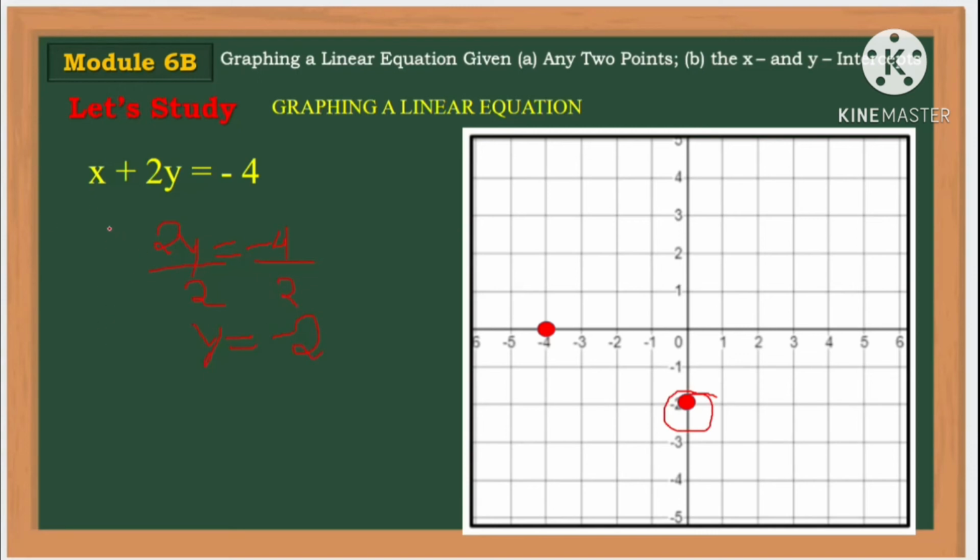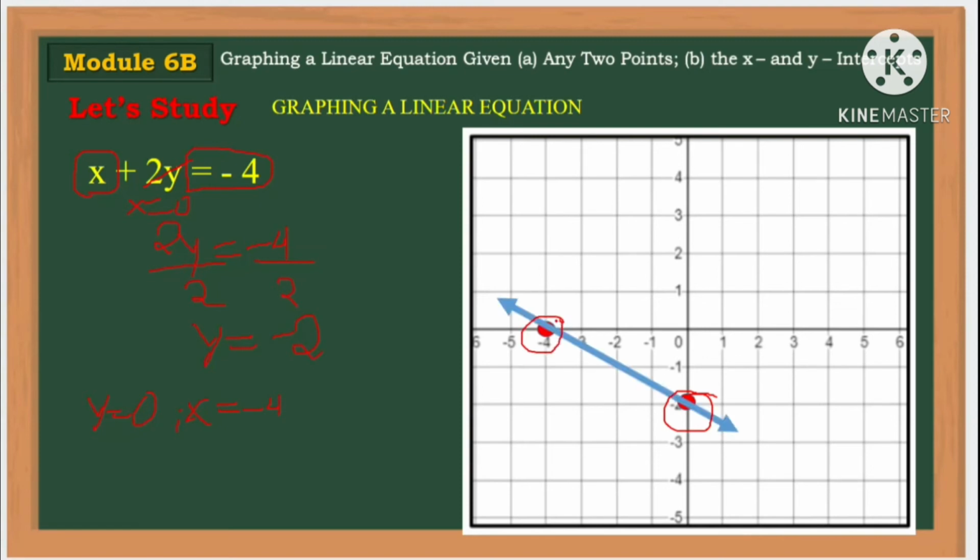Next, when y is equal to 0, so when this is 0, automatically x is equal to negative 4. So, x is equal to negative 4. So, this is it. Then, draw a line.